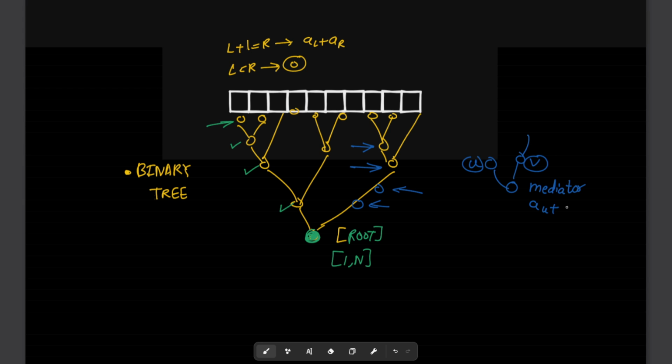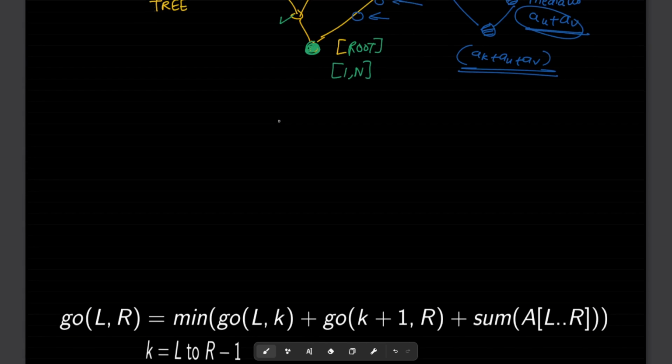In that case, the cost for that will be the individual costs, and this will be propagated by combining it with something else. Then this cost would be AU plus AV. This would be something else, let's say AK. Then again, the cost for this node would be AK plus AU plus AV, and so on. So this will be the recursive thing that will be happening if we consider all the possible choices for merging ranges one after the other.